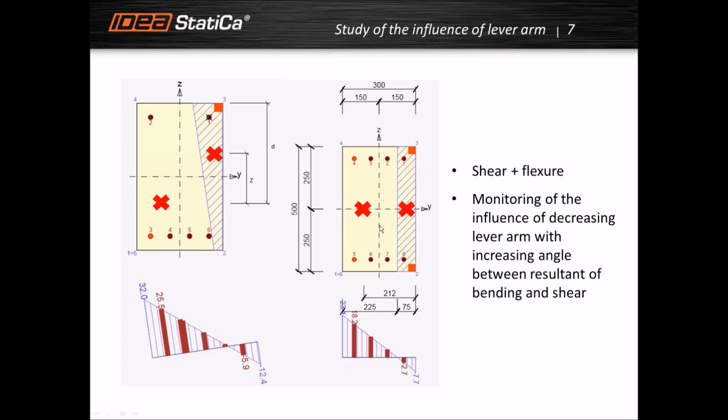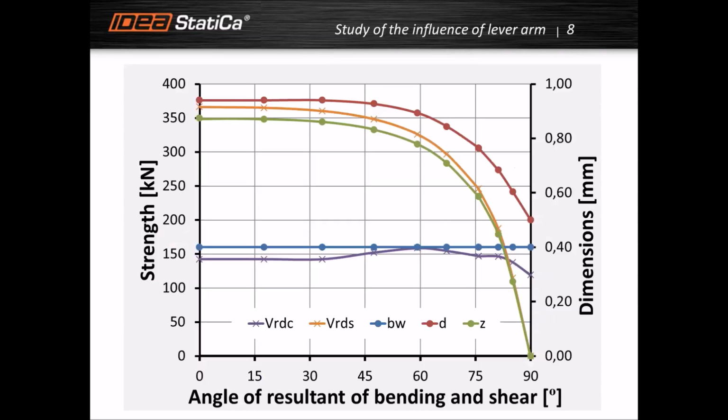Actually, I said that this is a theoretical example, but I got some examples from our users in which they really developed the case that these two resultant forces were at the angle of 90 degrees. That's why we made a study. We monitored the influence of decreasing lever arm with increasing angle between those two resultants.